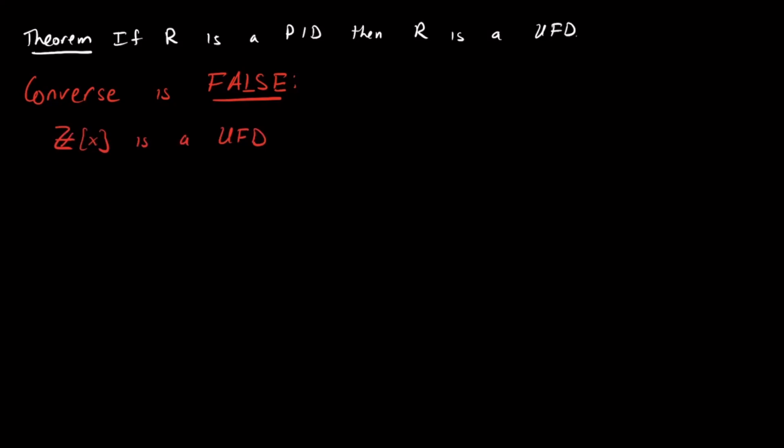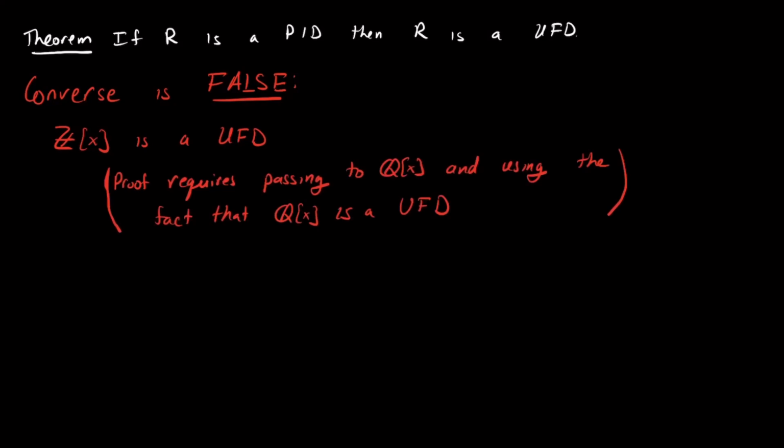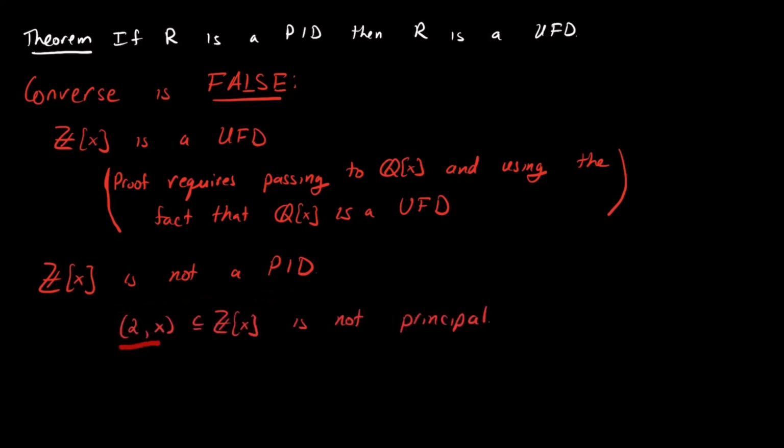Z bracket X is a UFD, and the main idea behind this proof is that we pass the polynomial from Z bracket X to Q bracket X and use the fact that Q bracket X is a UFD to get a unique factorization in Z bracket X. We know that Z bracket X is not a PID because the ideal generated by 2 and X is not a principal ideal. We can't find an element of Z bracket X that generates this ideal.